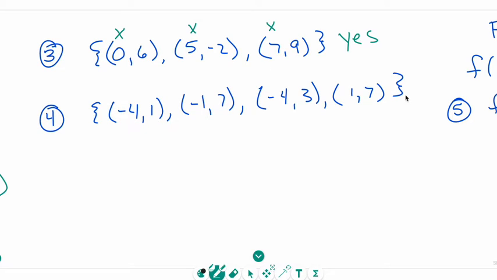Now I'm going to look at this relation. I'm going to look at the -4, the -1, the -4, and the +1. And you notice that I have two x values that match. So no, this is not a function because of (-4, 1) and (-4, 3).